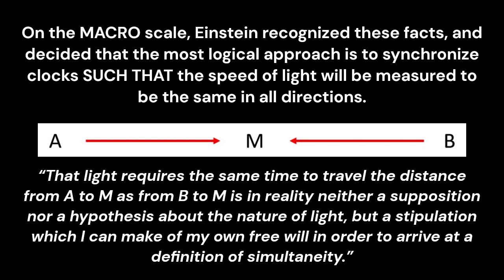And so here's my joke, if this video series was called Deconstructing Relativity, this is the paragraph I would go to right here. Because I just think it's funny. He says, it's a stipulation which I could make of my own free will. Well, a stipulation is usually an agreement between two different people, like lawyers.